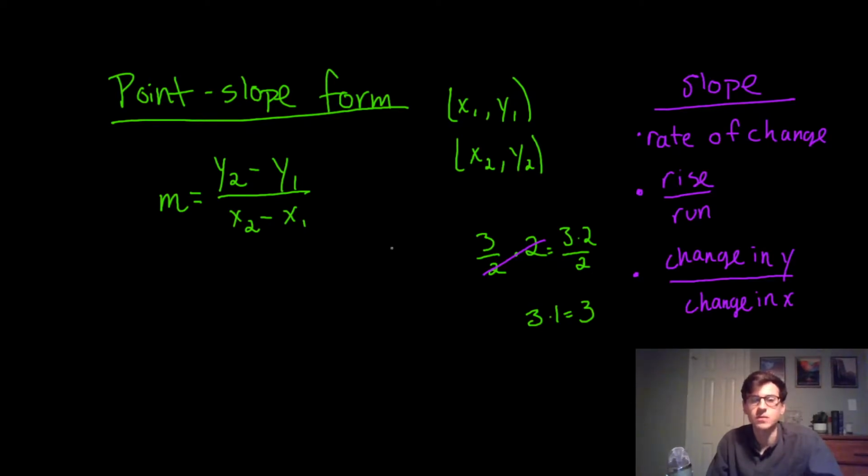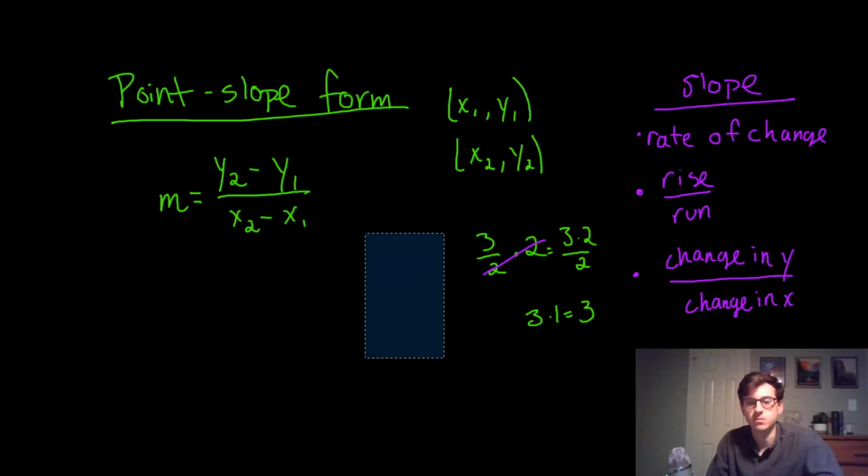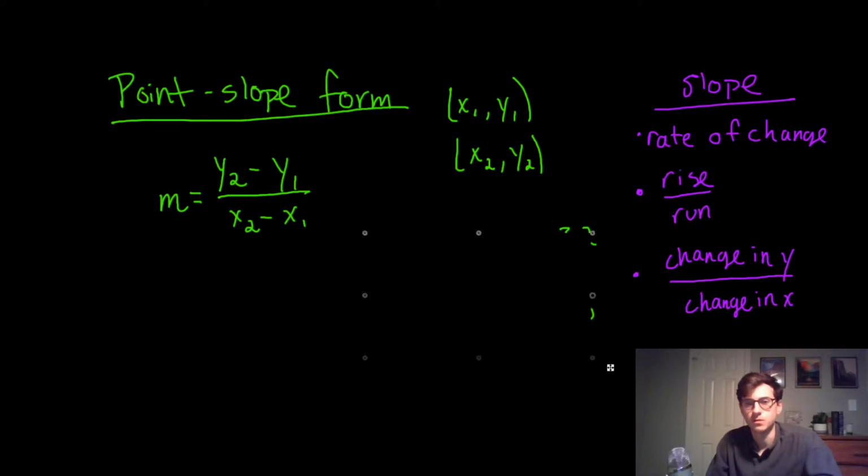But I just wanted to lay that groundwork as a way for you to start thinking about, well, there is a way for me to turn this into a different form. What if I were to multiply both sides of this equation by x2 minus x1?